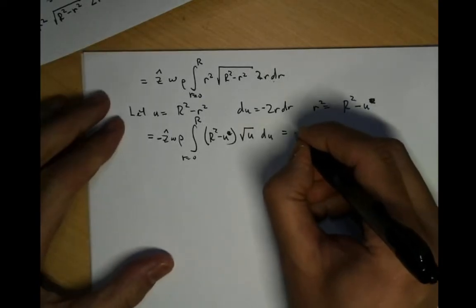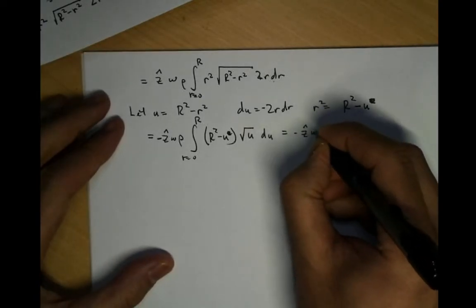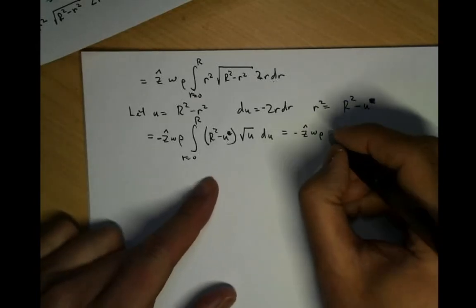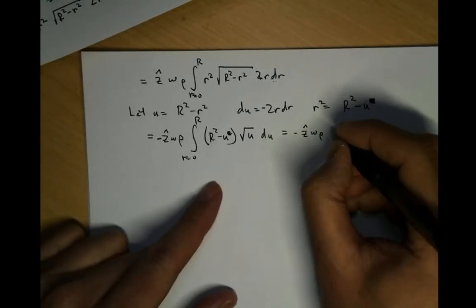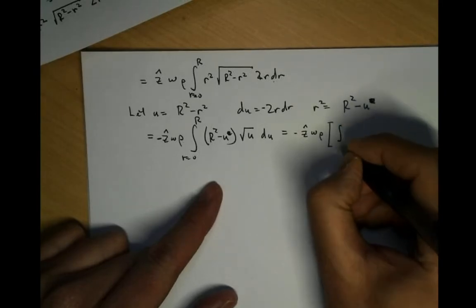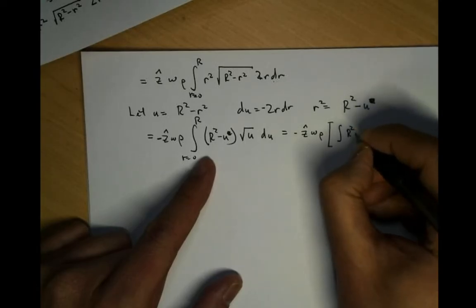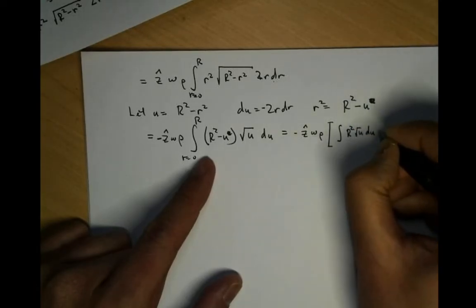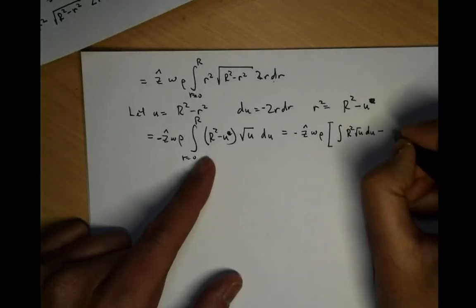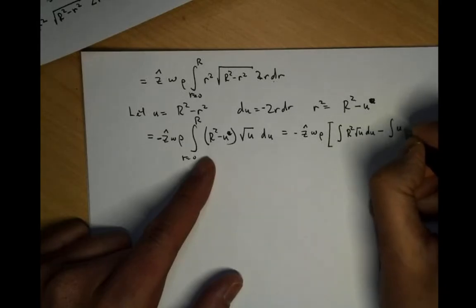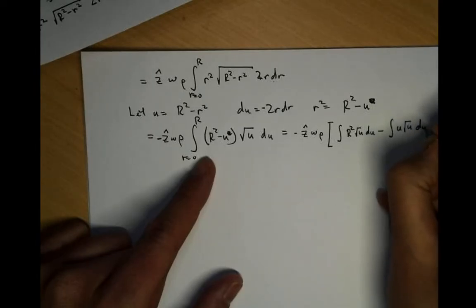Okay, so let's go ahead and do this thing. So it's basically minus z hat omega rho. All right, let's go through each one of these things carefully. Let's see, so this is going to be integral. I'm going to just drop the limits for a second now. R squared square root of u du minus integral of u square root of u du.